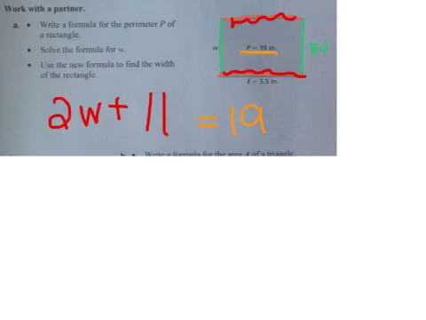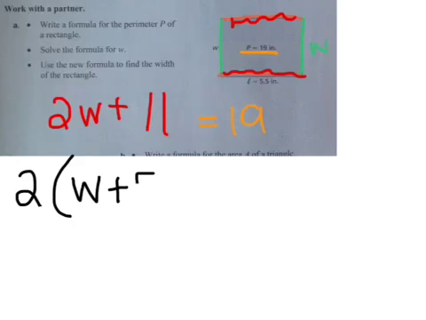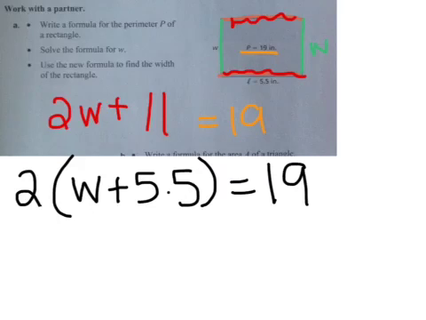Because I said I have 2 sets of W plus 5.5 that equal 19. And we would have gotten the same thing, because using the distributive property we would have gotten 2W plus 11. And from here you would just go on to solve like we would in any other two-step equation.